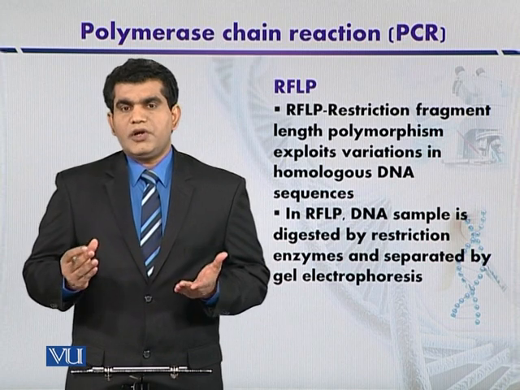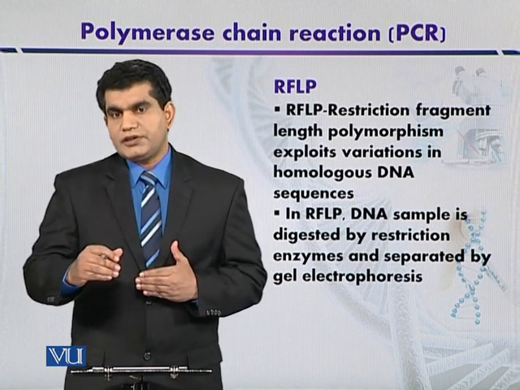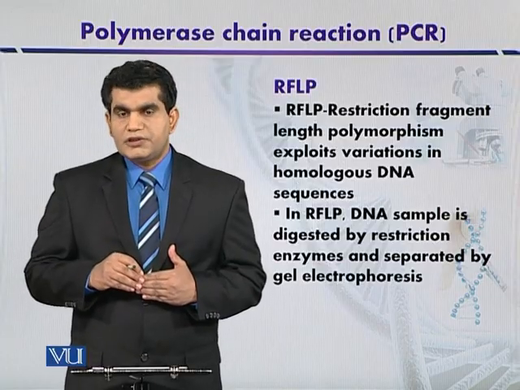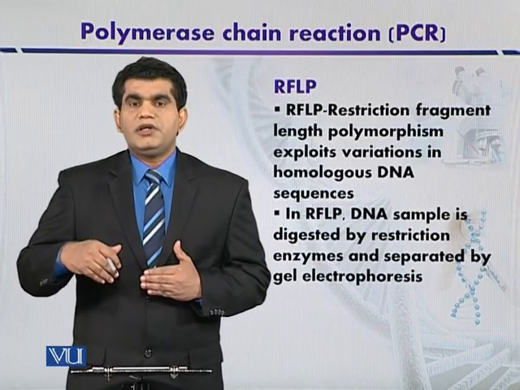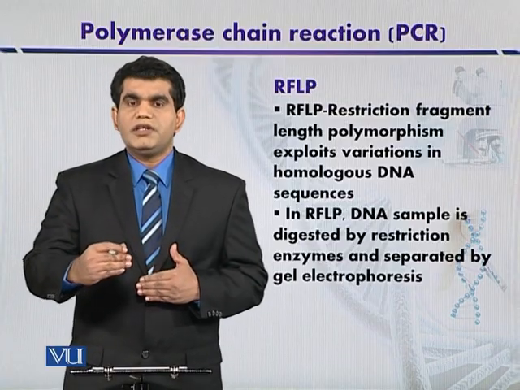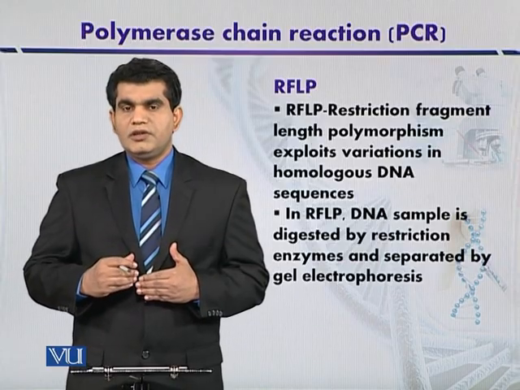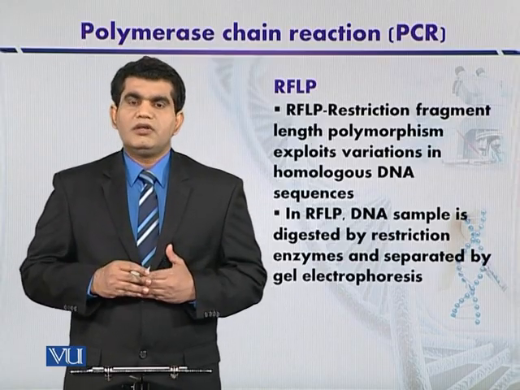Overall, 99.9% is the same. But still this difference, that is 0.1%, can be exploited in order to find the variations among different individuals of humans. Not only humans, other living organisms.